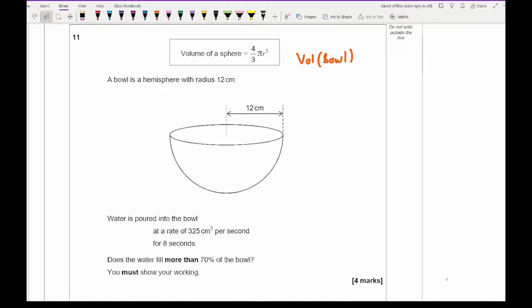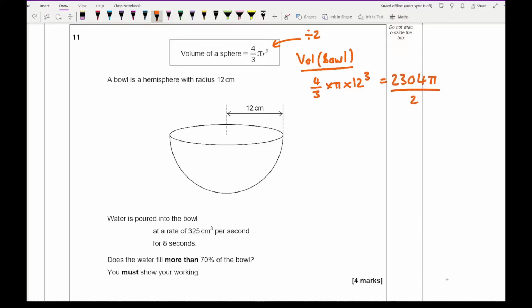Now we know it's a hemisphere, so we need to divide this formula by 2. So if I first of all do 4/3 times pi times 12 cubed, work that out, and I work with pi, I get an answer of 2304 pi.